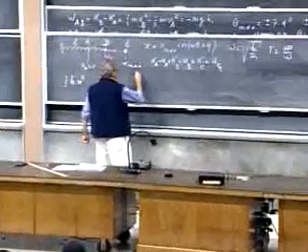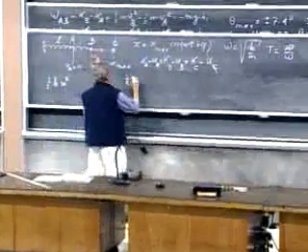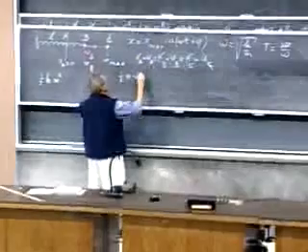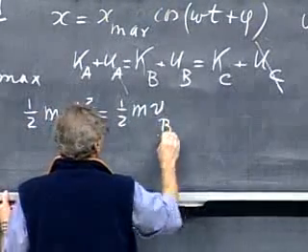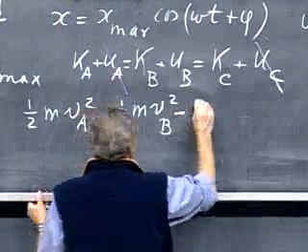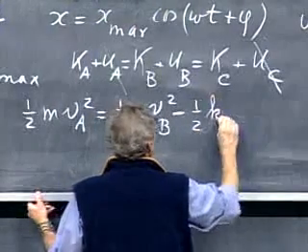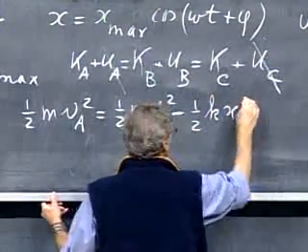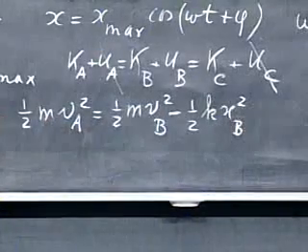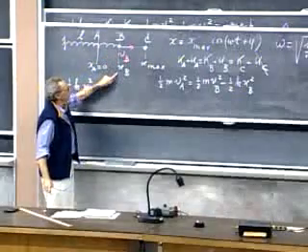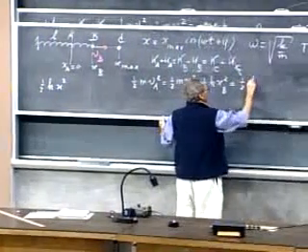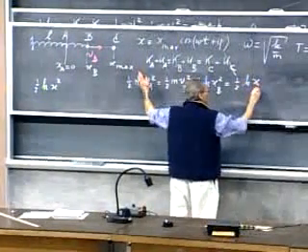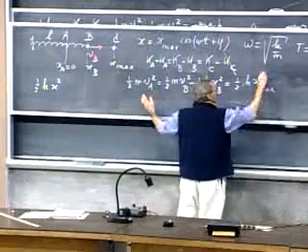So we get that 1/2 m VA squared equals 1/2 m VB squared minus 1/2 k x of B squared. That is the potential energy at this location. And that equals 1/2 k x of C squared, which we have called x max squared.